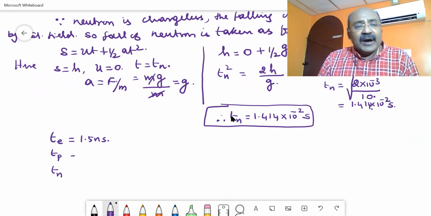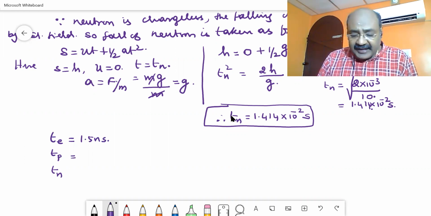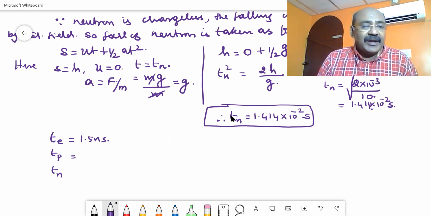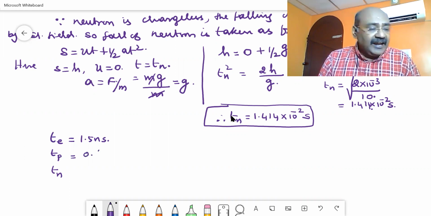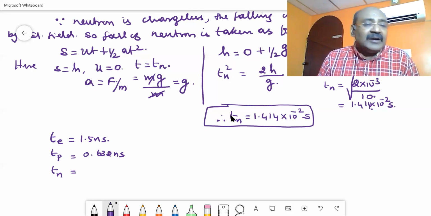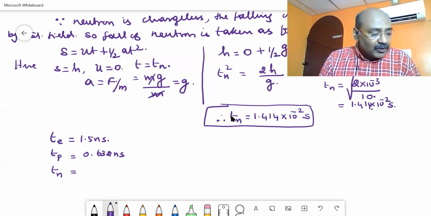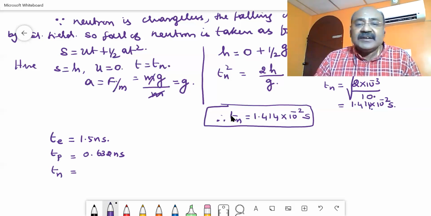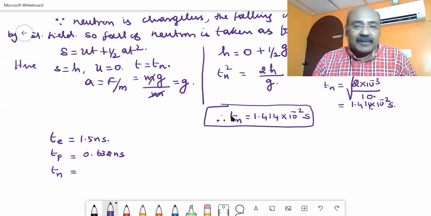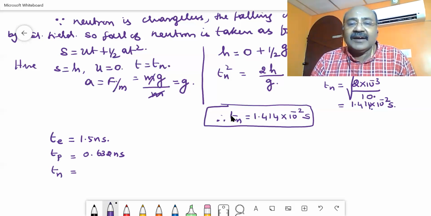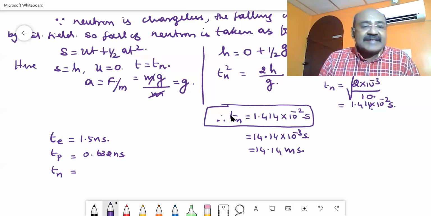Time of flight for proton is 0.632 nanoseconds. And time of flight for neutron is 1.414 into 10 power minus 2 seconds, or you can write 14.14 into 10 to the power of minus 3 seconds, or 14.14 milliseconds.